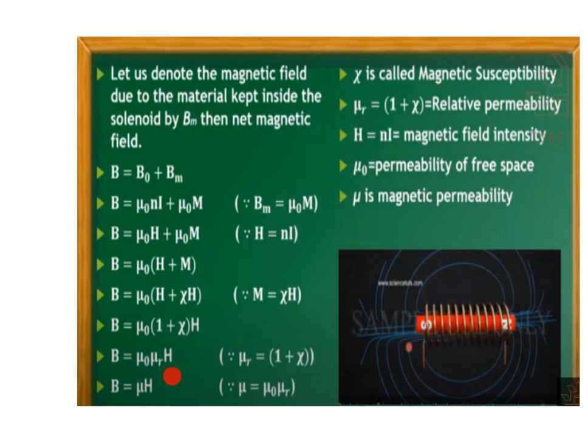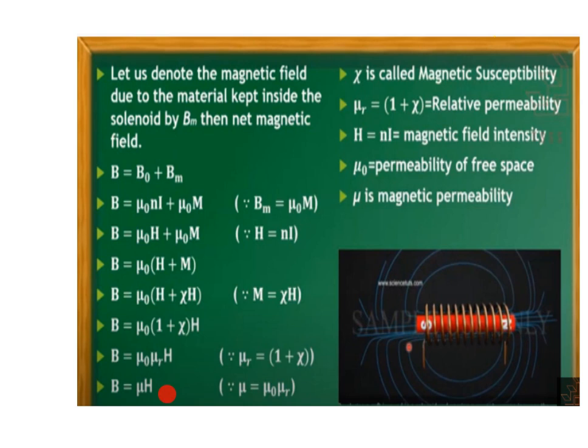Also, this equation can be written as net magnetic field B is equal to mu into capital H. Here also mu is the magnetic permeability and H is the magnetic field intensity.